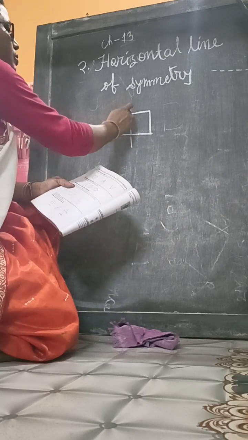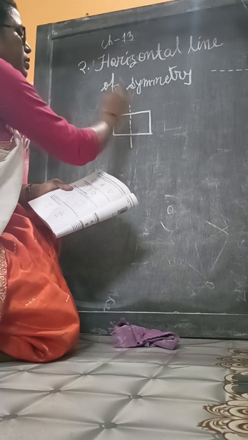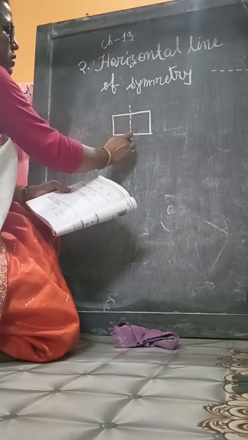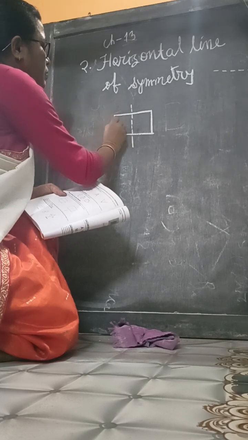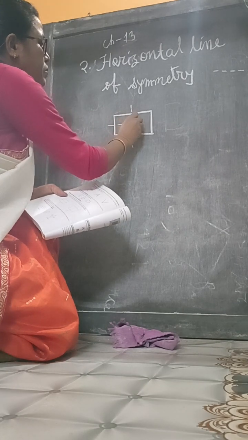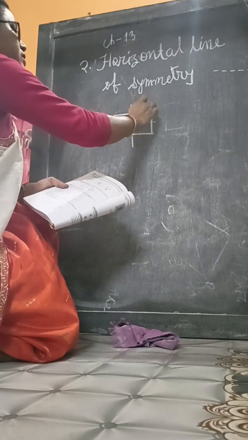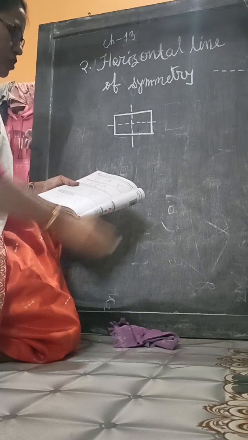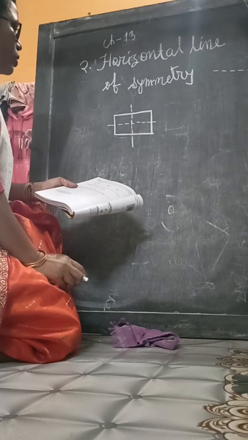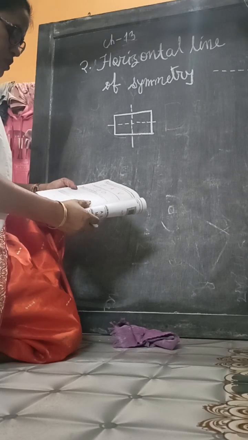So on this line, this part must be equal to this part. Now draw another line. On the basis of this line, this part must be equal to this part. So how many lines do we get here? 2 lines of symmetry.